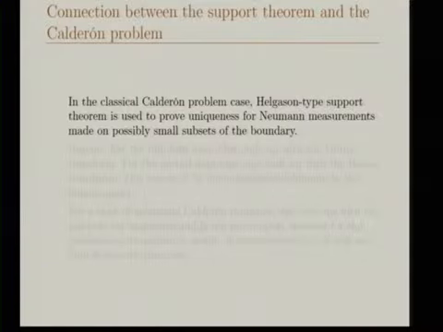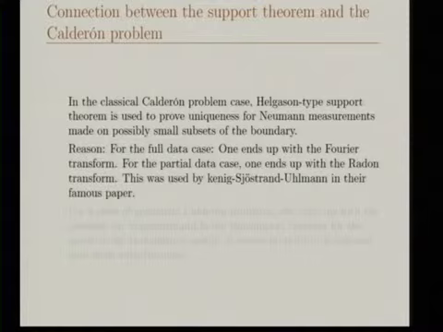Now, why does it appear? It appears for the following reason. If you have the full data case, then you end up with the Fourier transform, right? If you recall, even as early as yesterday, Professor Kim Knudsen was trying to recover the Fourier transform with full data. So if you have full data, you recover the Fourier transform.